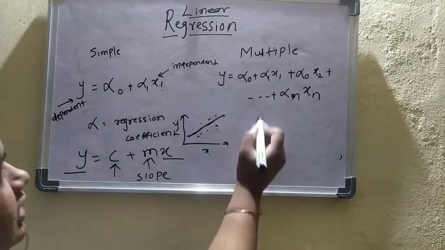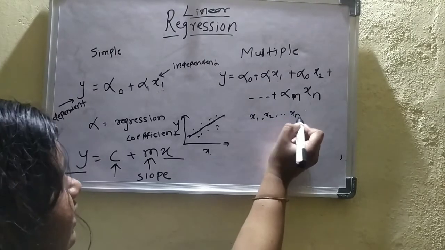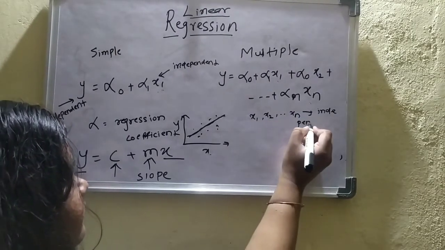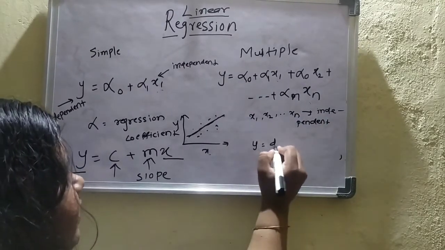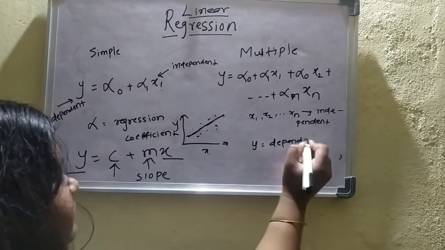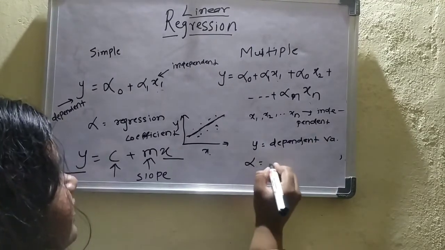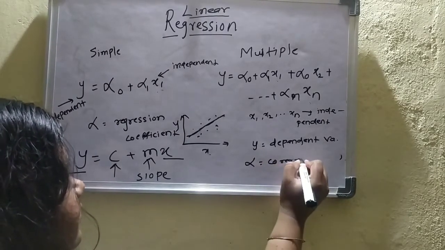Similarly, in multiple linear regression, x1, x2, up to xn are the independent variables and y is the dependent variable. Similarly, alpha is the regression coefficient.